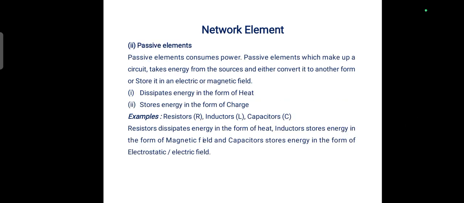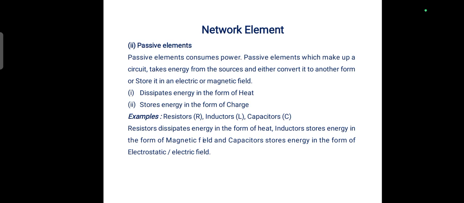And the next one is the passive elements. Passive elements consume power. They take away power from the circuit. The passive elements which make up a circuit take energy from the sources and either convert it into another form or store it in an electric or magnetic field.